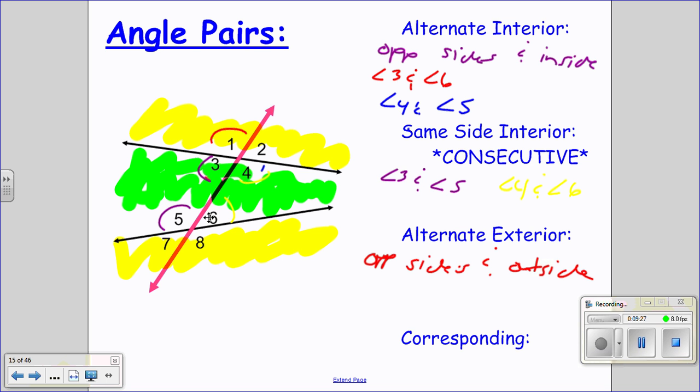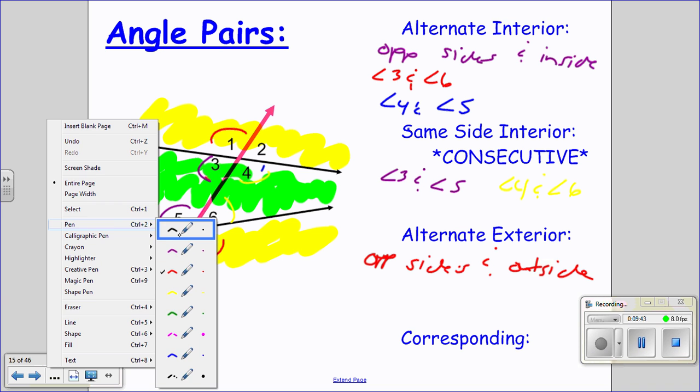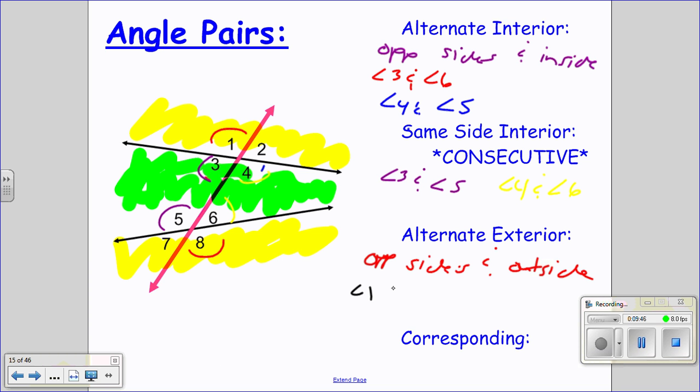It's in the yellow region. So it would pair up with angle 8 on the opposite side. So it's on the right, but it's still in the exterior portion. So again, angle 1 with angle 8 is a perfect alternate exterior pair. Which also means that angle 2 together with angle 7 would be another pair. So we have two alternate exterior pairs in this picture.